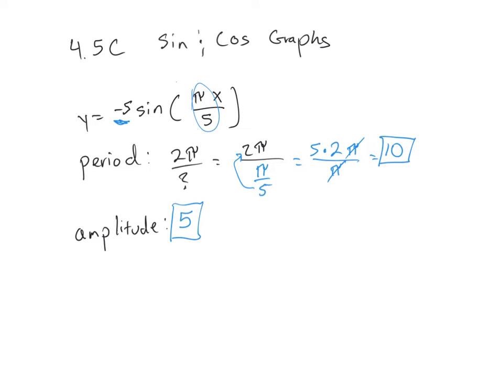Let's try another example. So let's say we have y equals negative 2/5 cosine of 14 pi x. All right. Our period here, we're going to take this 14 pi and divide 2 pi by that.